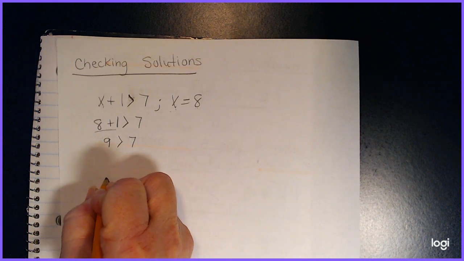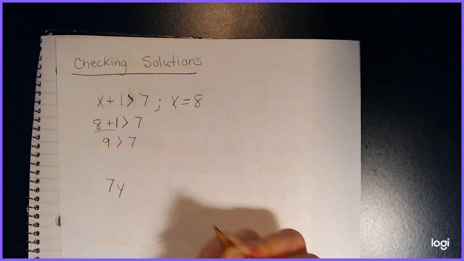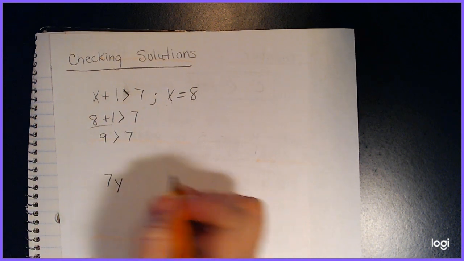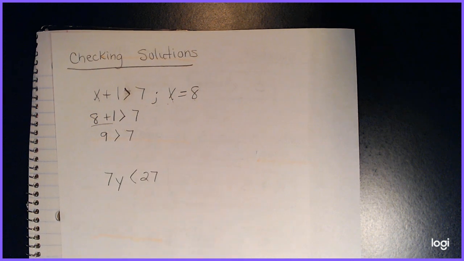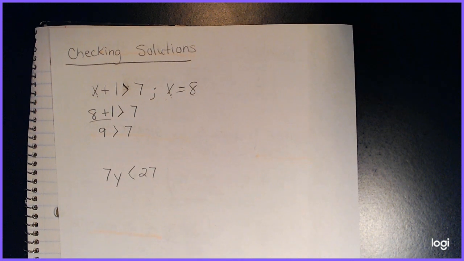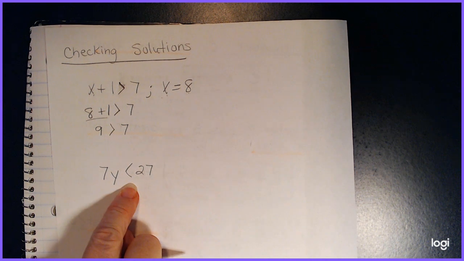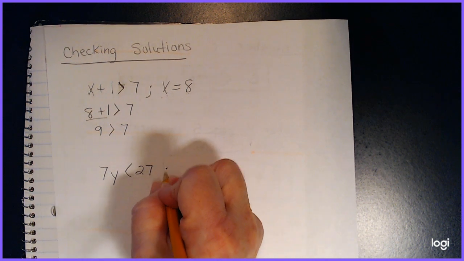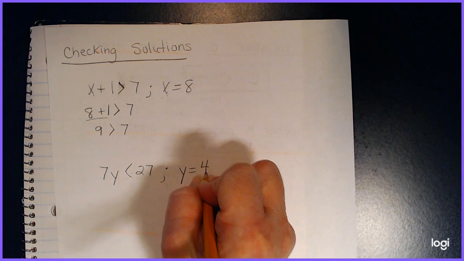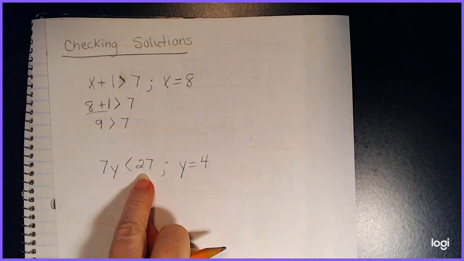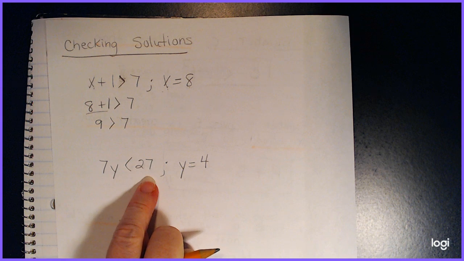What if I would have you write in your notes 7y, 7 times y, is less than 27. That's my inequality. It has the inequality symbol. I would like to know if this number 4 would be a solution for my inequality.